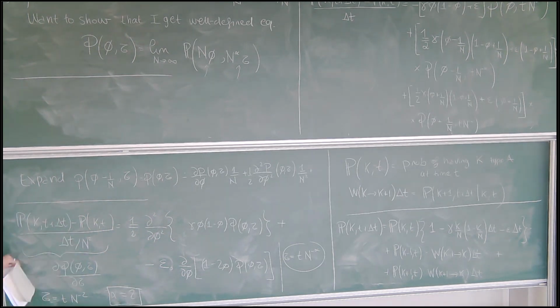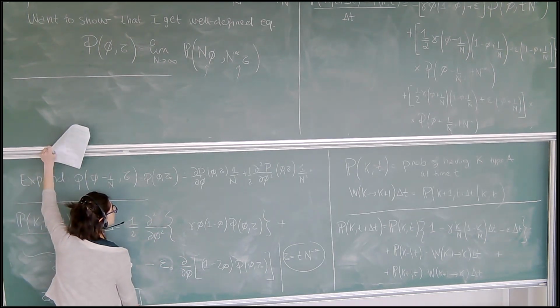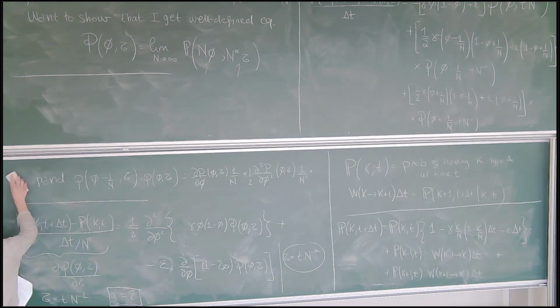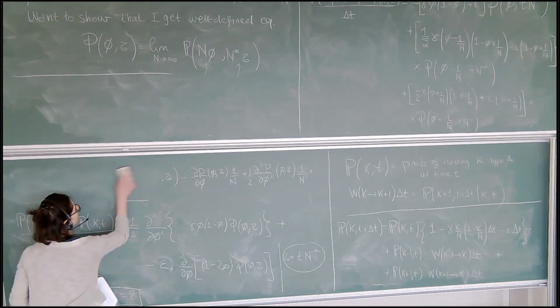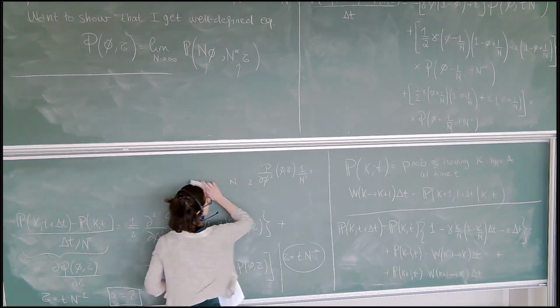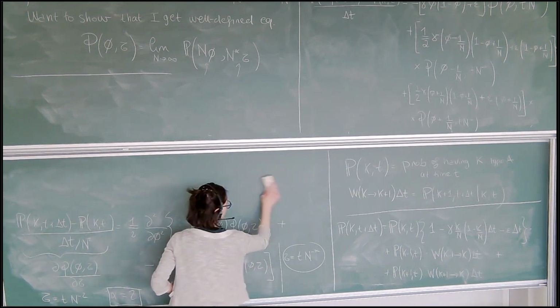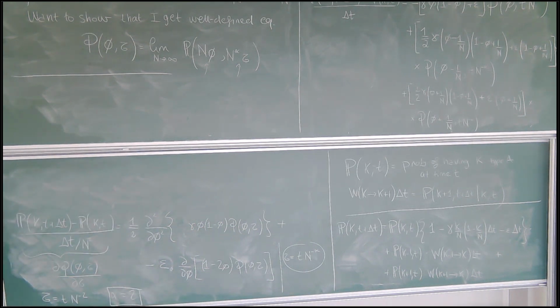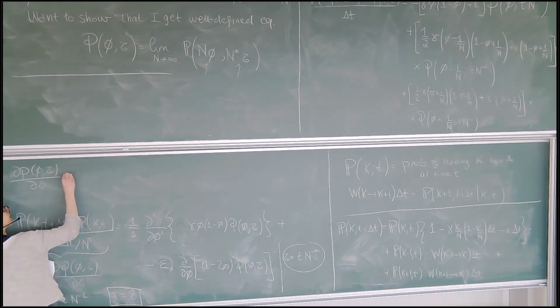So now let's keep this. I will rewrite this expression for the equation, and then we actually try to see how you could guess it without going through all of this lengthy expansion. And this is actually point 2 of the exercise. So this is the derivative in time.